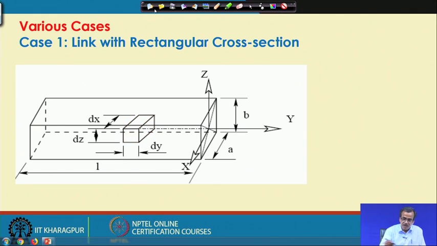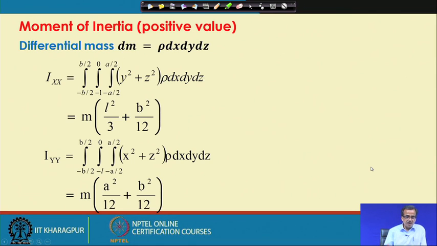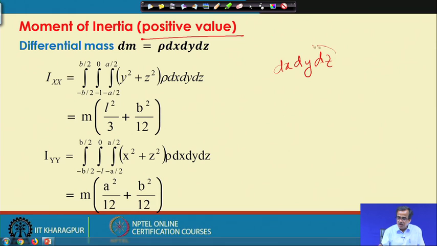Now, if we concentrate on this element, we can very easily find out the differential mass. We are trying to find out the moment of inertia, and by definition it is m r square, so always it has to be positive. The differential mass dm is nothing but the volume, dx dy dz, multiplied by the density rho.